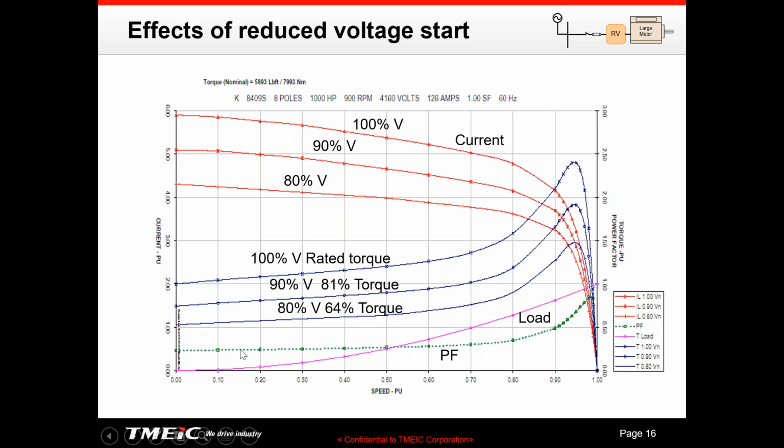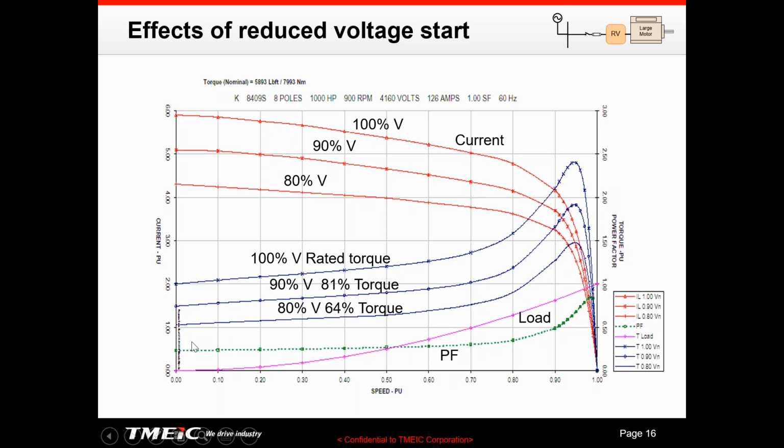So when we design the motor, we make sure that we have enough torque margin, at least 10 or 15% margin between this 80% torque curve and the load data. So when we design for 80% reduced voltage here, the motor should be able to start without any interruptions.